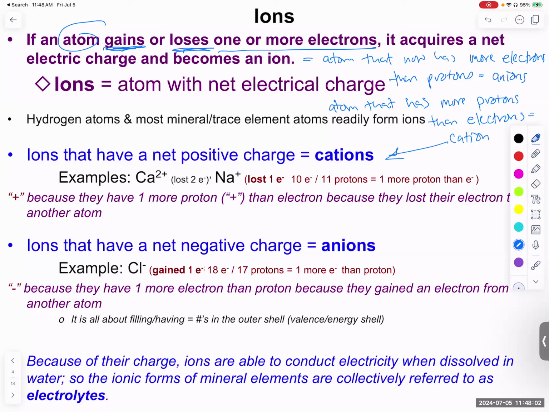So you're going to see right there ions that have a net positive charge. Why? Because it gave up its electrons.